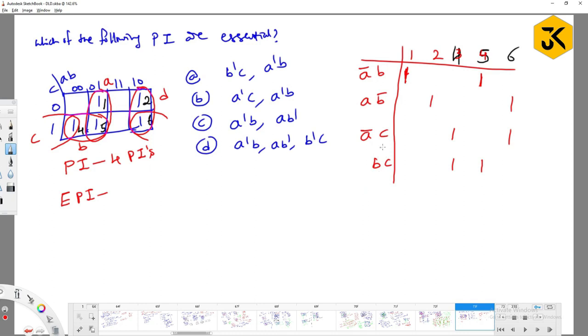Why did you get A bar B? A bar B you got because of 1 and 5, right? 4 and 5 you haven't included. So for A bar B, what is the result? For A bar B, 1 and 5 is correct, right? What is this one? BC, is it correct?